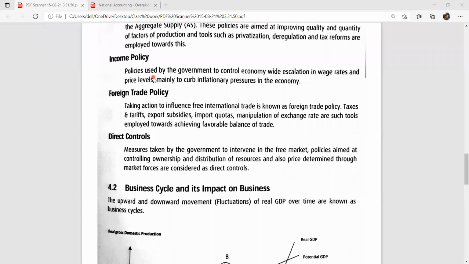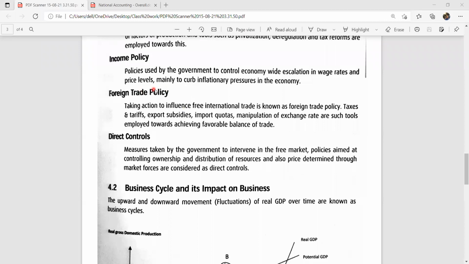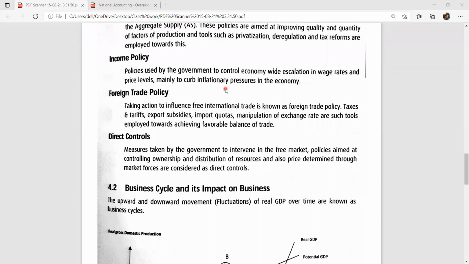Here it says, policies used by the government to control economy-wide escalation in wage rates and price levels, mainly to curb inflationary pressures in the economy. So they will change wage rates, sometimes price levels, to focus on their objectives.